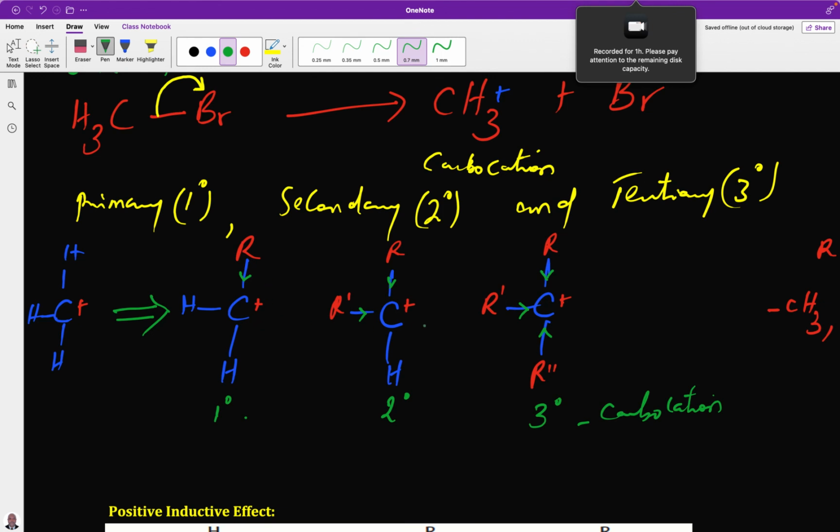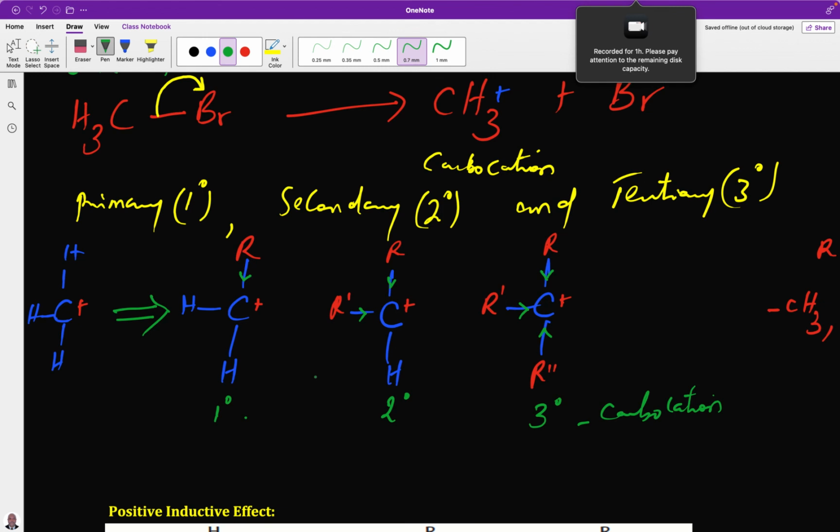For that reason, the more the alkyl groups, the more the stability of the carbonium ion. And in this case, a primary carbocation is less stable than a secondary carbocation, and a secondary carbocation is less stable than the tertiary carbocation.